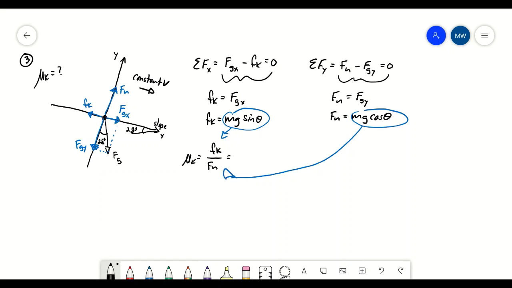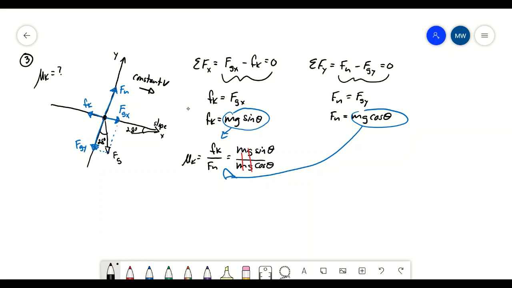So Fk equals mg sine theta. Fn equals mg cosine theta. And look what happens. Masses cancel, little g cancels.